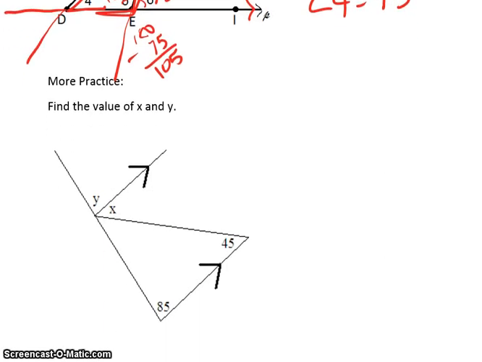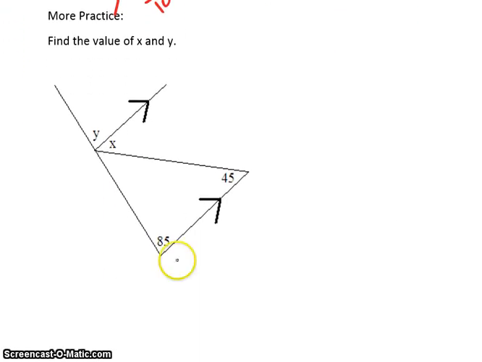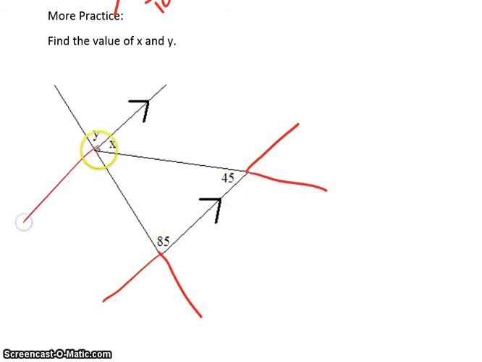And let's do our last round of practice here. Remember, and I didn't mention this before, always extend your lines. I noticed I did that before I turned this video on. So always extend your lines so that it looks like the pictures we're used to. So the two arrowheads means the lines are parallel, so I have to find x and y. So the first thing I want to find is x. So here's my x angle.